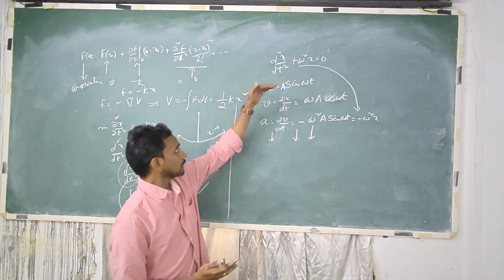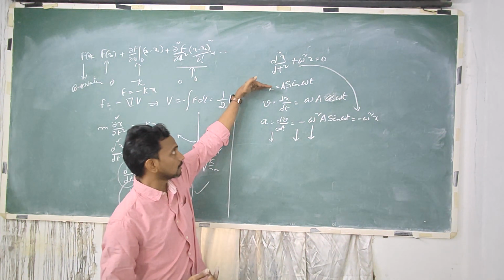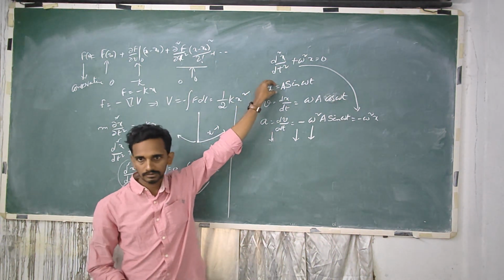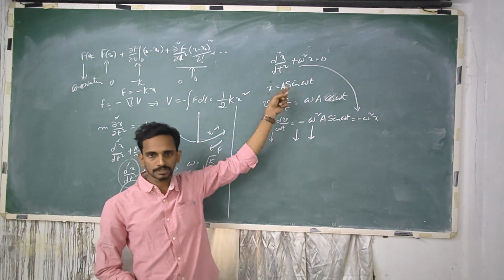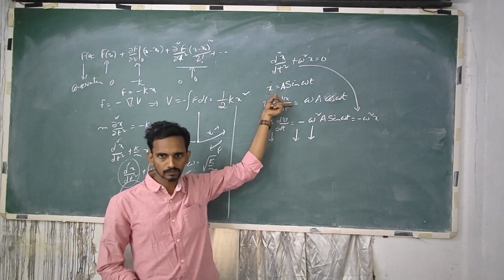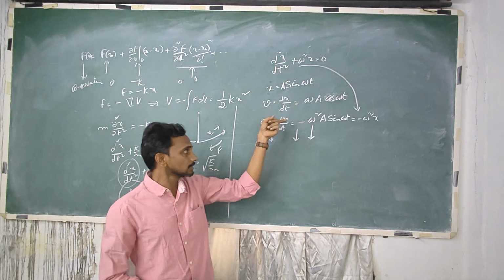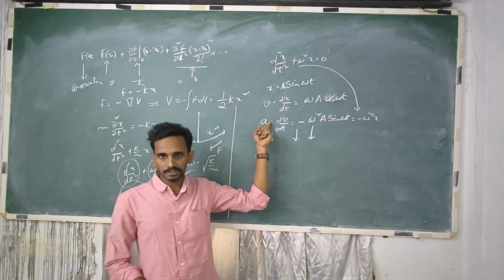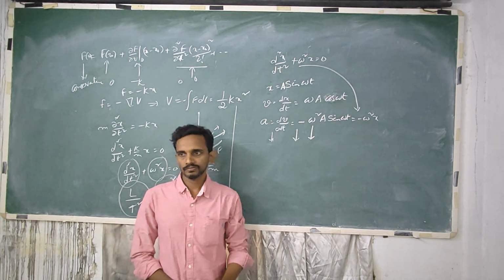Here you have a variation in displacement. Time variation of displacement is velocity. Velocity is non-zero, and you have a variation in velocity as well. Time variation of velocity is acceleration. That is also non-zero.